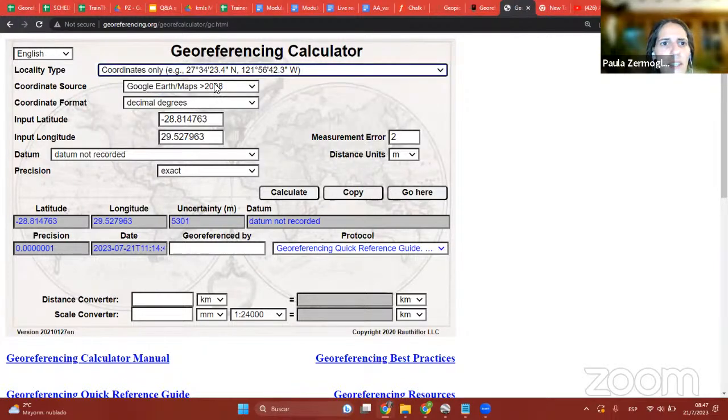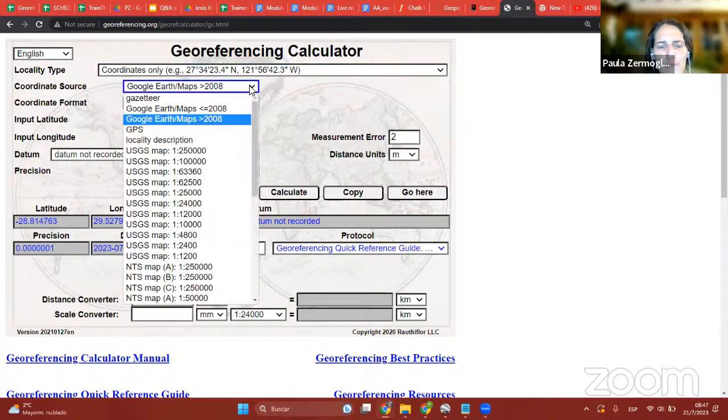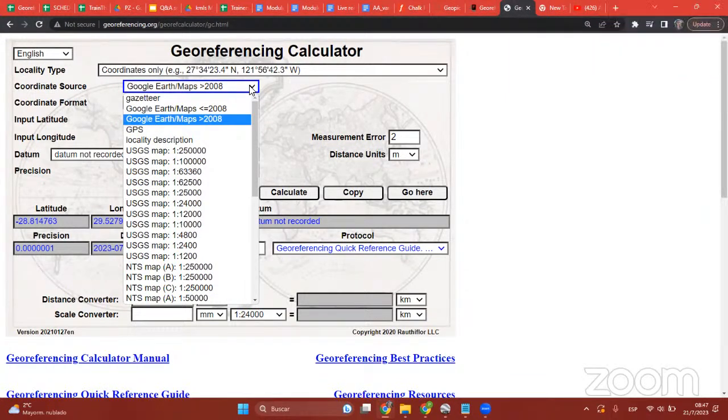Okay. Which is the coordinate source? Where am I getting the coordinates from? From Google Earth.